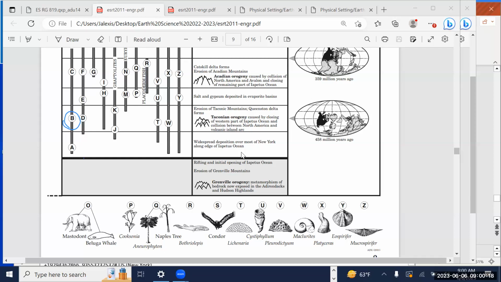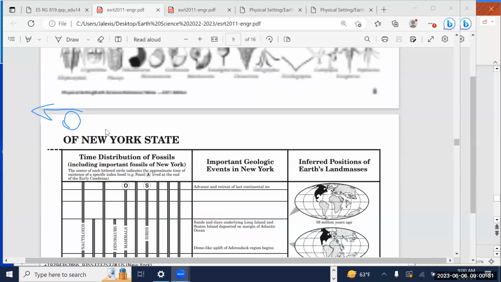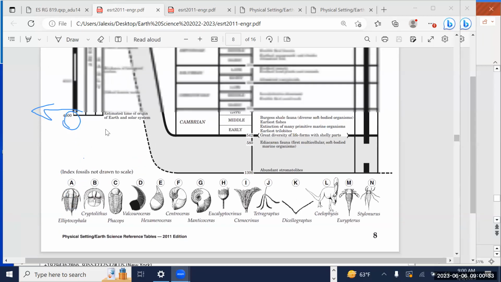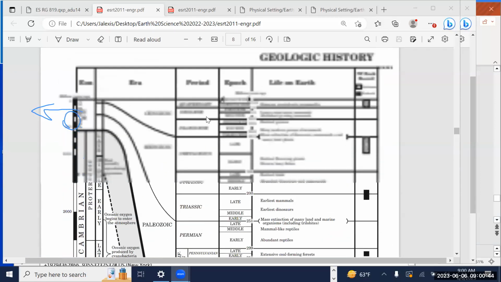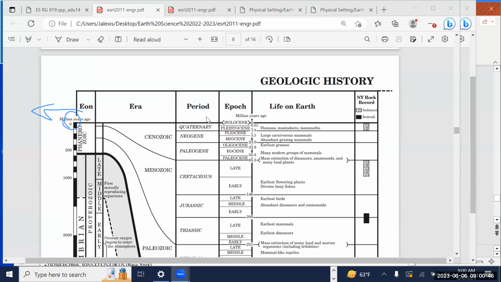It's the second to last row before the black bolded line. Remember that pages 8 and 9 are connected. So when I keep going to my left and I see where B is located, when I scroll to page 8, second to the last column before the black line, we see that we're looking at the period section right here because it asks for the geologic period.